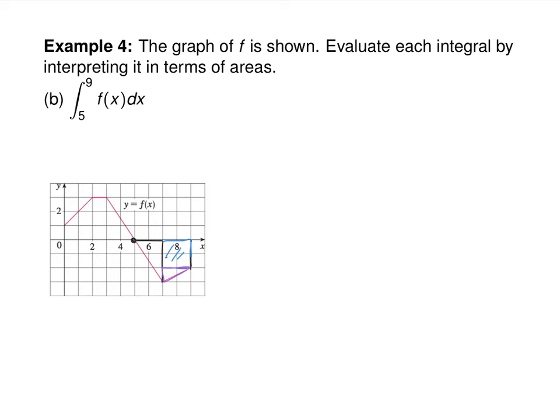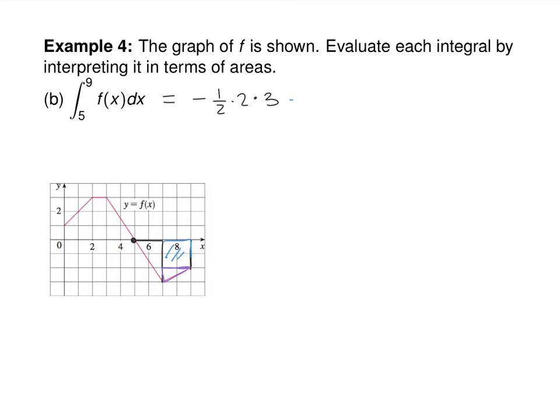Okay, so the first one will be negative because it's below the x-axis. 1/2, base is 2, height is 3. Do you agree? You can also include 1/2 times the height of -3. It doesn't matter either way, as long as the result is negative, you're fine.